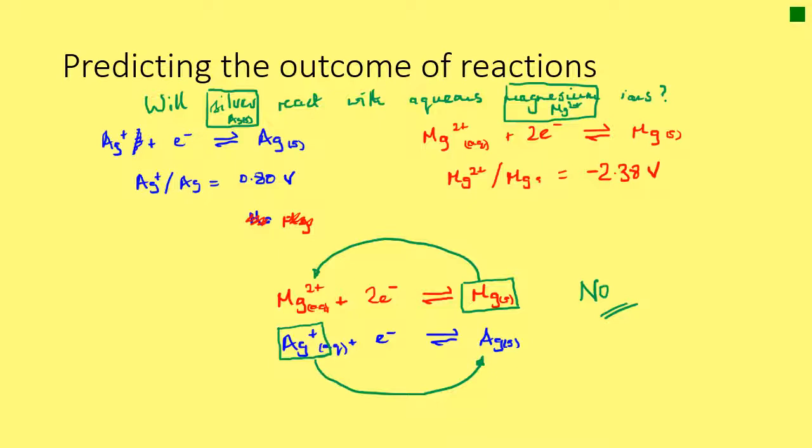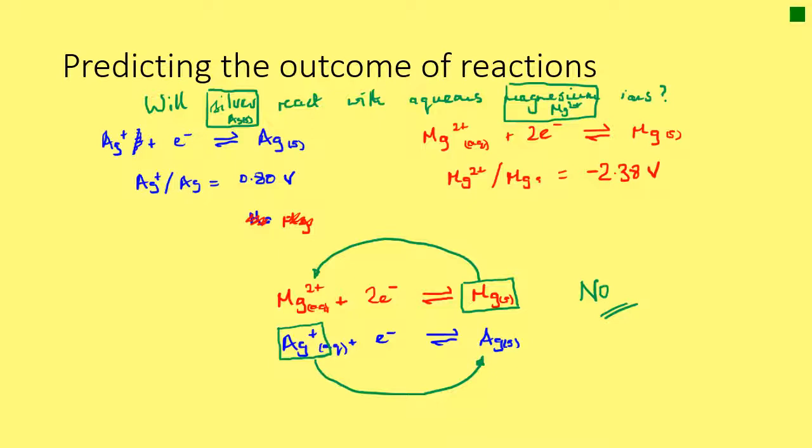And so what we find will work is magnesium solid and silver ions. Those, the species at the starting point of the arrows, the ones I've put in green squares there, are the ones that will react together.